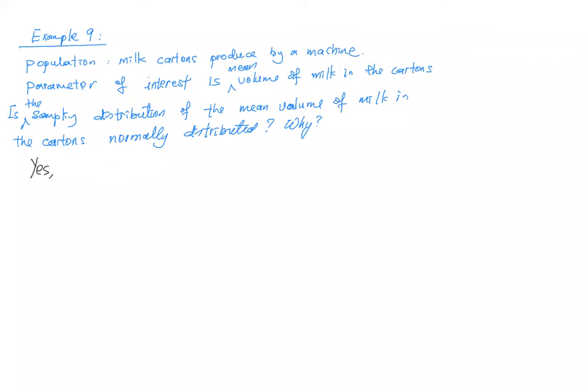The question states the volume of milk dispensed into the carton by a machine is normally distributed. It didn't say the sampling distribution. You cannot say it's stated by the question. The answer yes is correct, but the reason you give is wrong. So if I give this 2 marks, you get 0 marks, because the reason that you give is wrong.